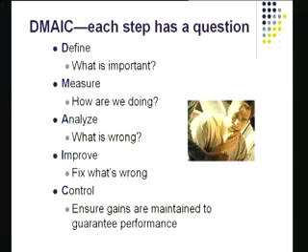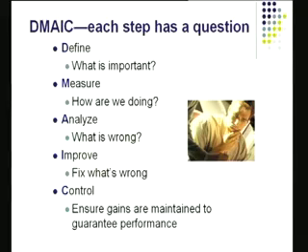Analyze, try to find out what is wrong. And this would require use of the cause and effect diagram, use of the fishbone chart, and so on and so forth, to make sure you at least get the tentative list of factors that you'll be playing with. Then, of course, fix what is wrong, which means discover the relationship between the input factors and the output, which is your quality, the quality that you desire. Work out the relationship.